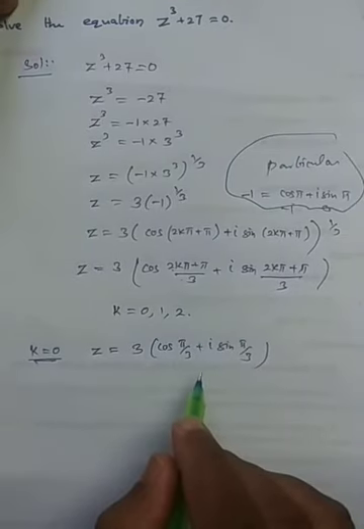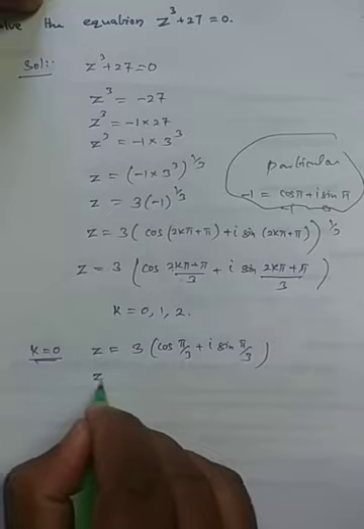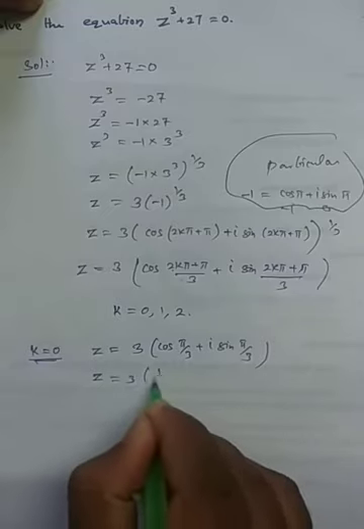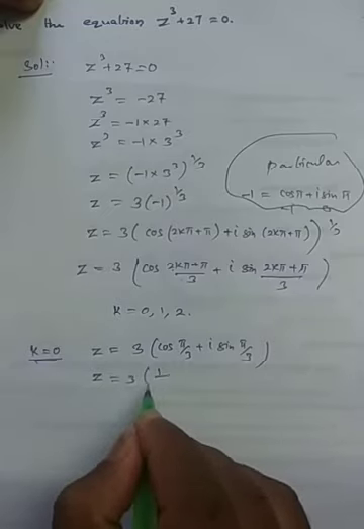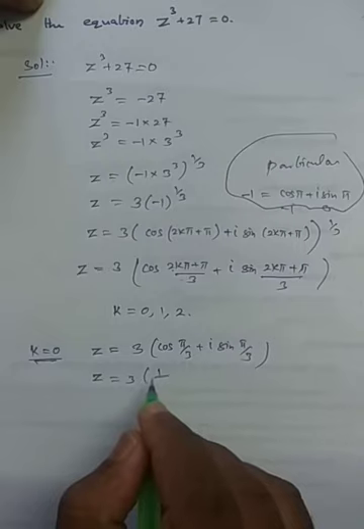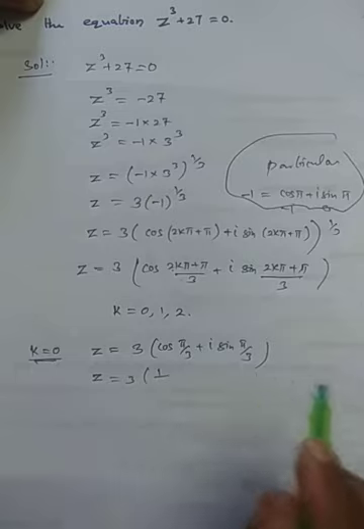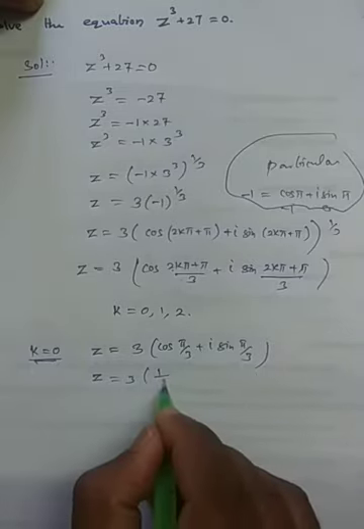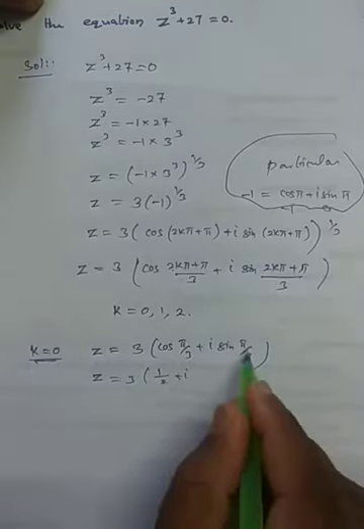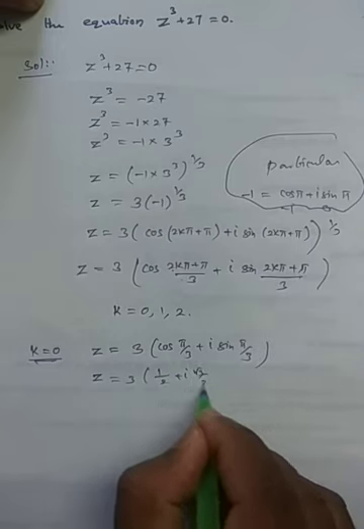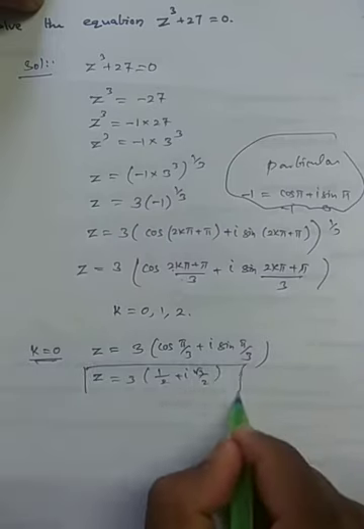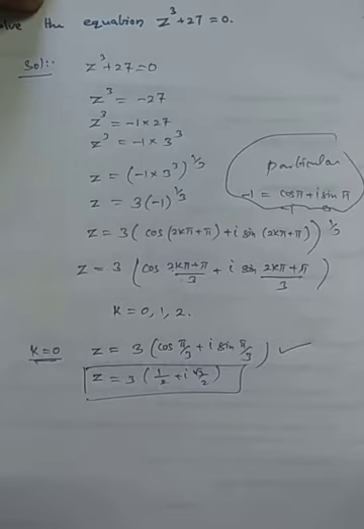Cos pi by 3, that is cos 60 degrees, is 1 by 2. Sin 60 degrees, root 3 by 2. This is the value we are getting. You can leave it like this or start with this itself, no issue.